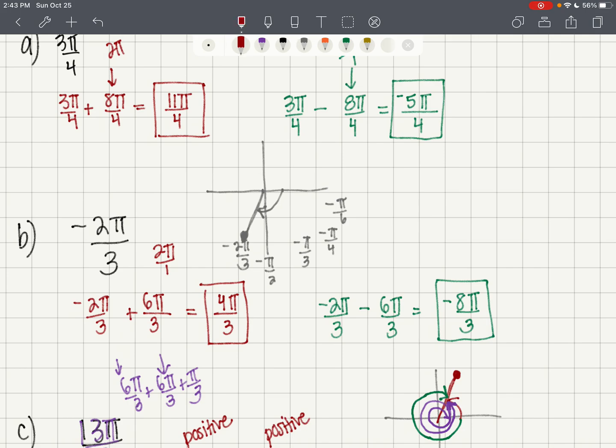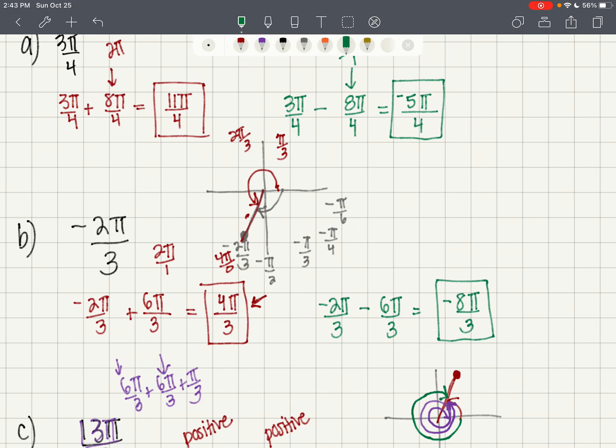Well, that's the same thing as 4 pi over 3. This would be 1 pi over 3, 2 pi over 3, and 4 pi over 3 would land in the same exact position. However, it would be making a counterclockwise turn from the positive x-axis versus a clockwise turn for the negative angle.